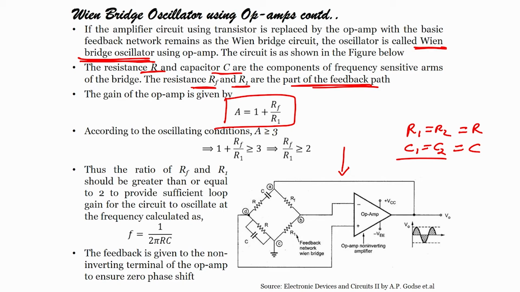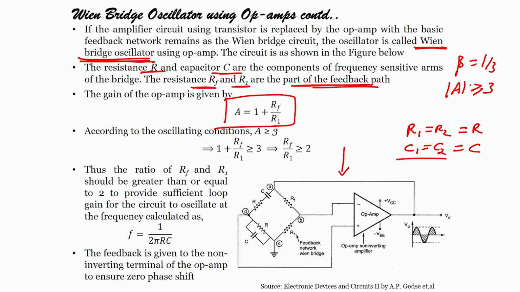Now, according to the oscillation conditions, what should my gain be? You remember, the gain should be greater than or equal to 3 and my beta, that is the feedback network, should be 1 by 3. In fact, beta was 1 by 3 and gain equal to 3, as we have just seen.